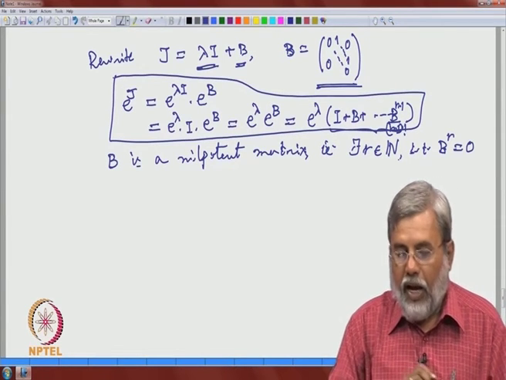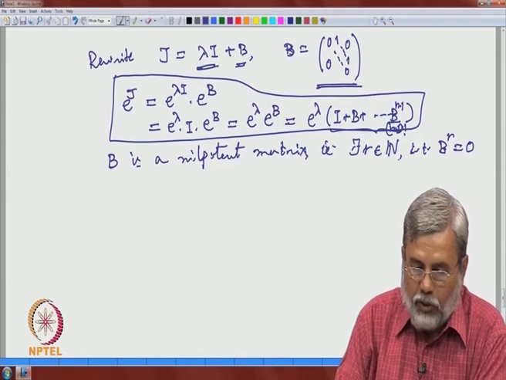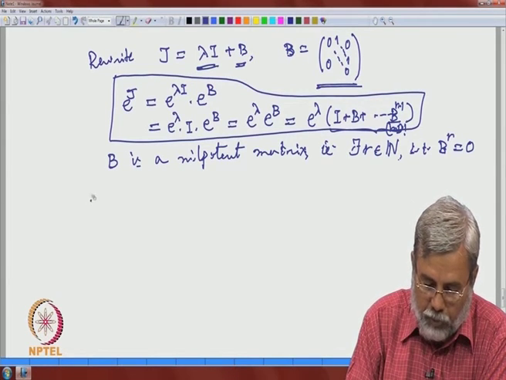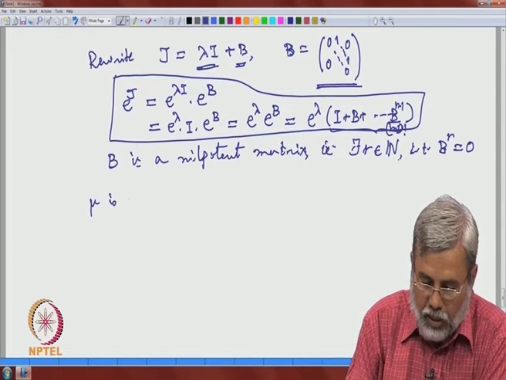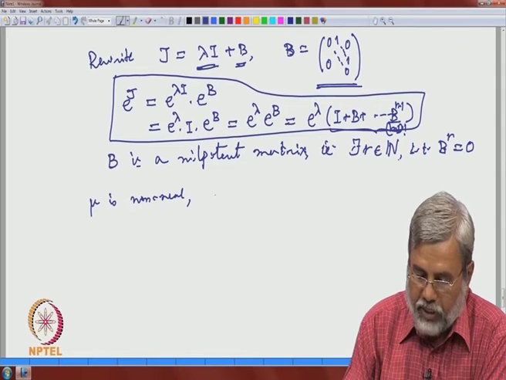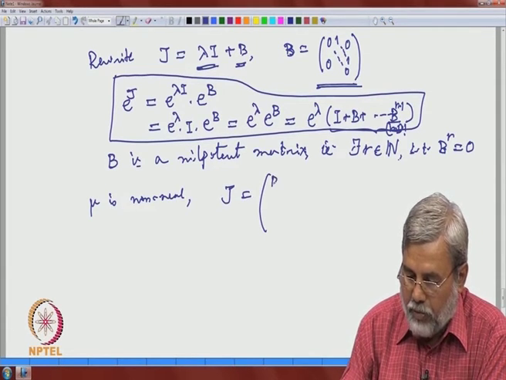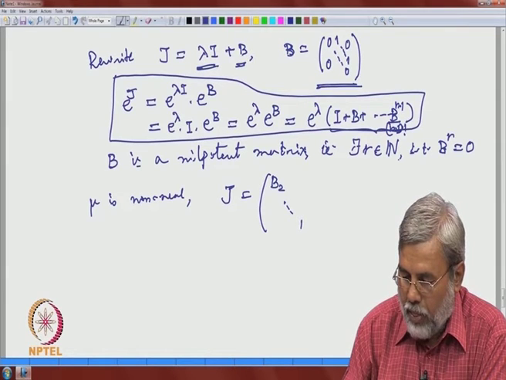Okay. And in case lambda is non-real, suppose mu is non-real, then we have J as a block matrix with I2 and so on.